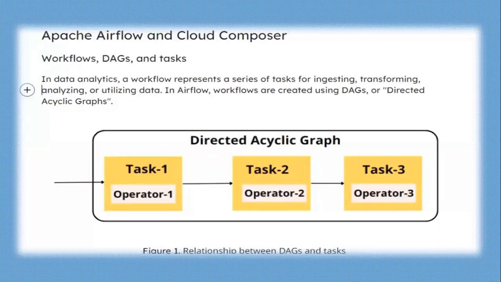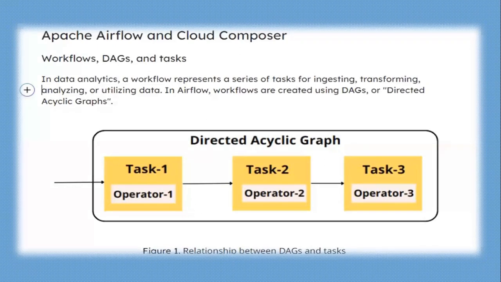That means if task one executes, then it goes on to task two and task three, and so on. But while preparing the DAG, the task should not come back to task one. In other words, the dependencies among the tasks should not be iterated; it's not a cyclic one. So here is the relationship between DAGs and tasks in the diagram.